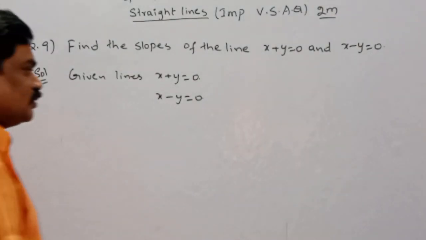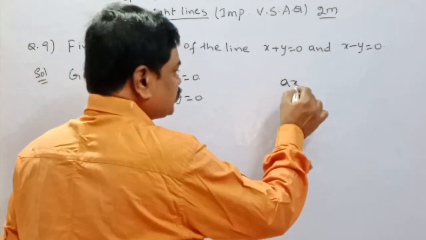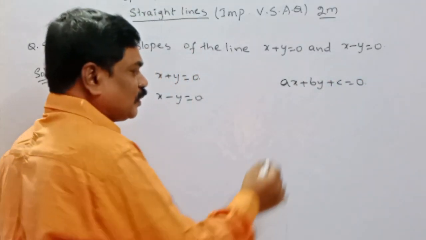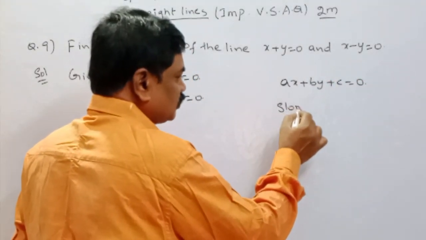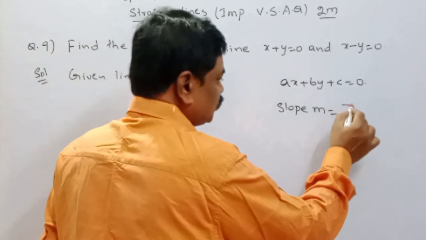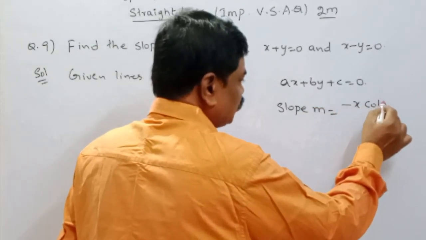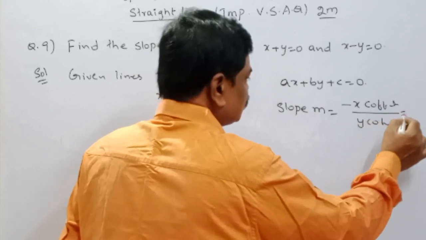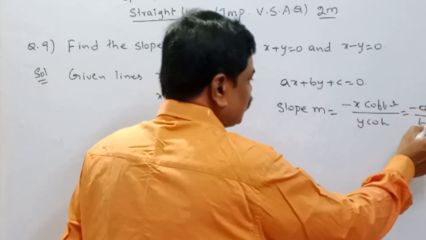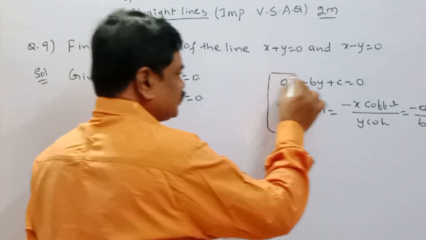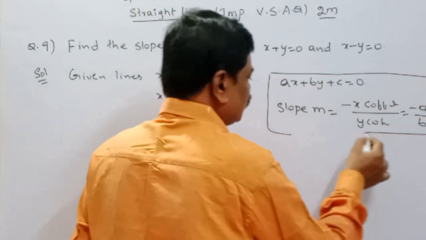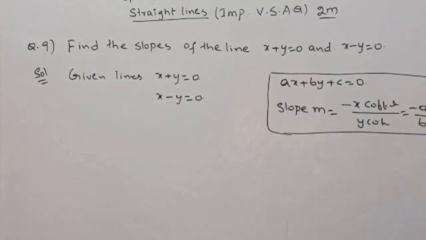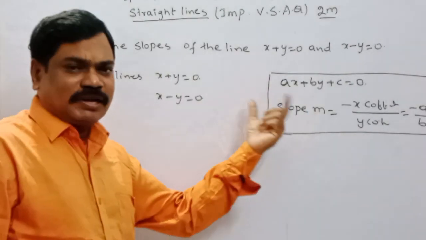Okay, all of you. Generally, for the line ax plus by plus c equals 0, the slope m equals minus x coefficient by y coefficient, equals minus a by b. This is the formula for the slope of the line given its equation.